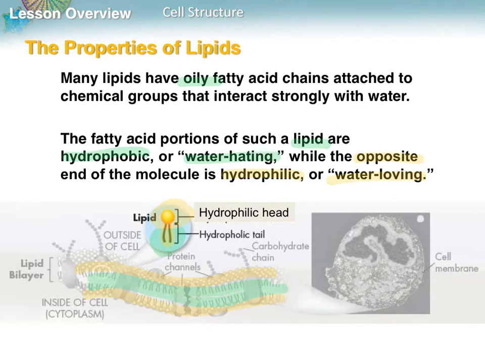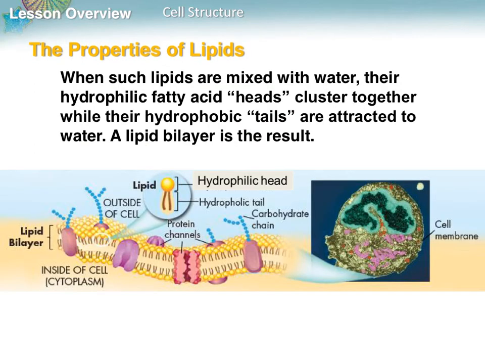So the water fearing parts are in the middle, and the water loving parts are on the outside. So the hydrophilic heads cluster together, and hydrophobic tails are not attracted to water.